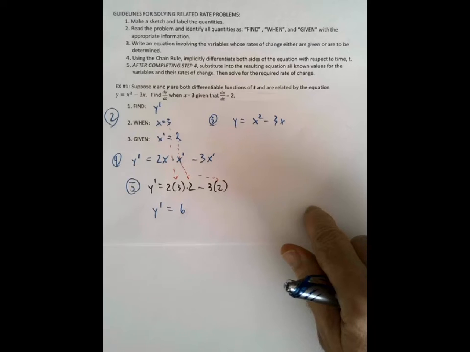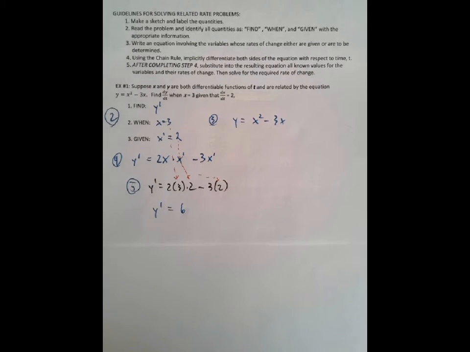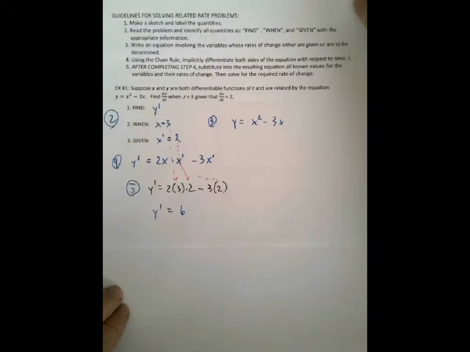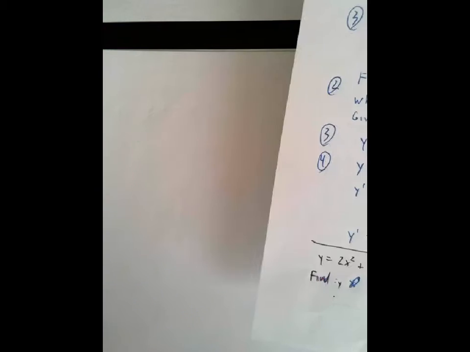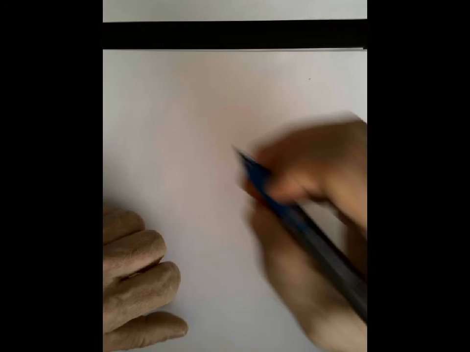Now we're going to try another one. I'm going to put another one up here, and we're going to put that aside for a second. So let's say we've got this one here, example 2.